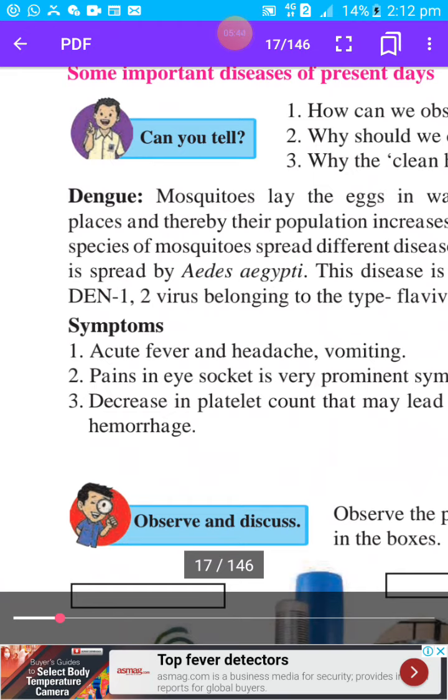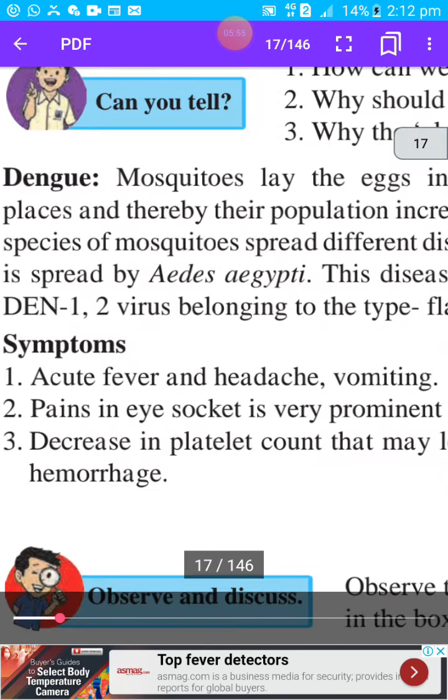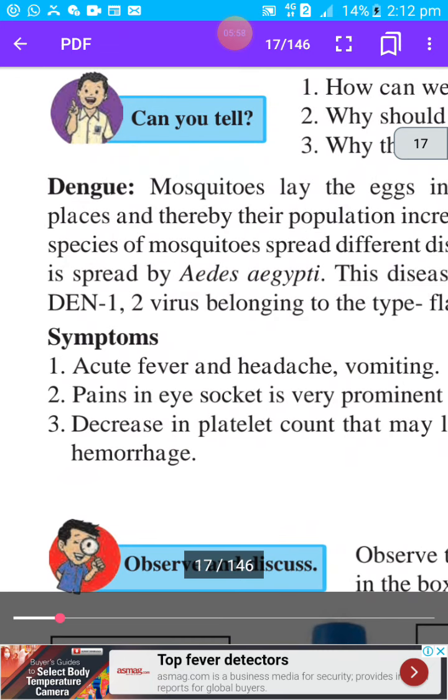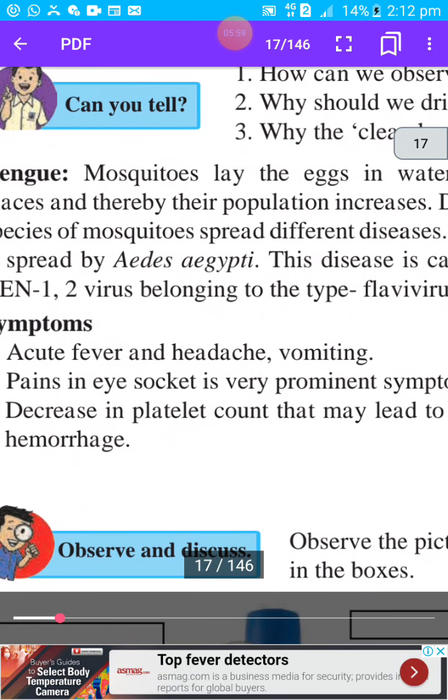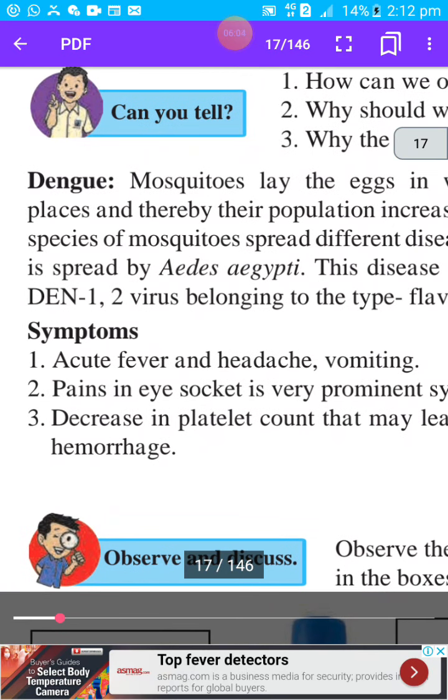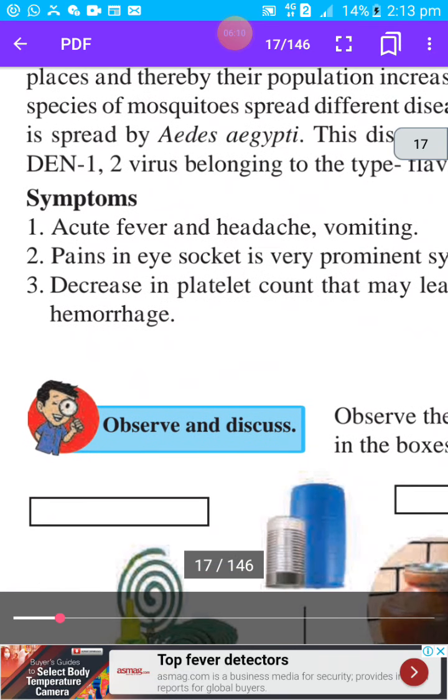Den12. So dengue, from that den. So due to this virus there is dengue, but this virus is spread by a mosquito called Aedes aegypti. So we have to take precautions that this type of mosquito will not be there in our surroundings.